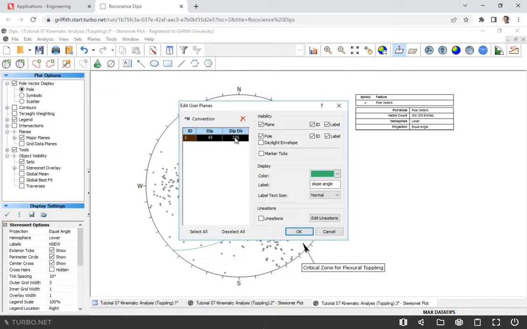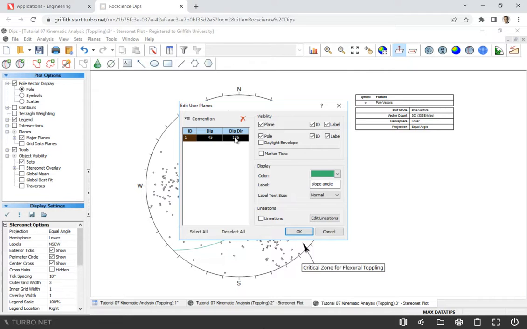There are two conditions that must be met. The first one: all those discontinuities that can generate planar failure should daylight. They should actually come to the surface. If they go inside the rock mass, there's not going to be any planar failure.